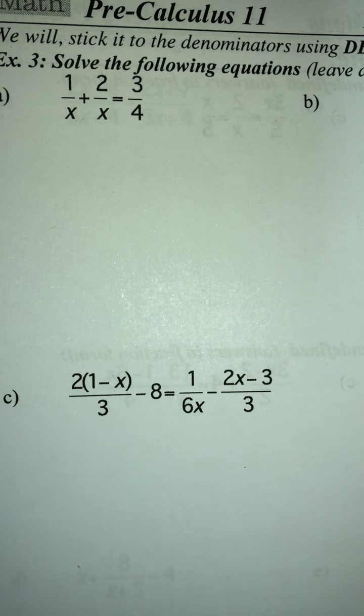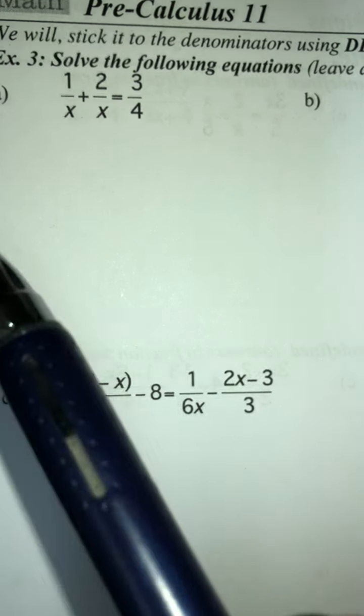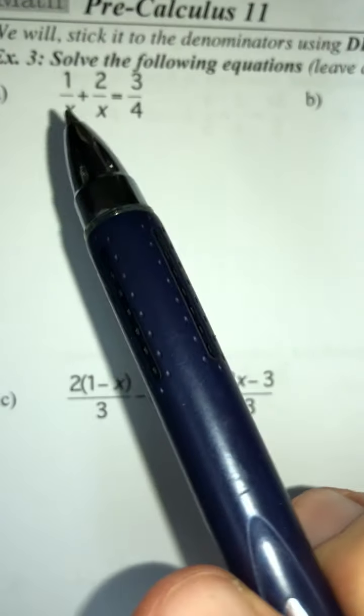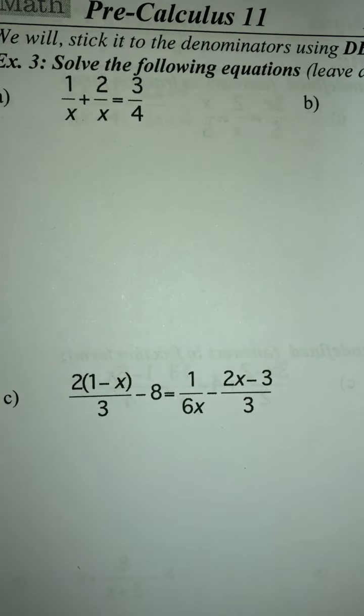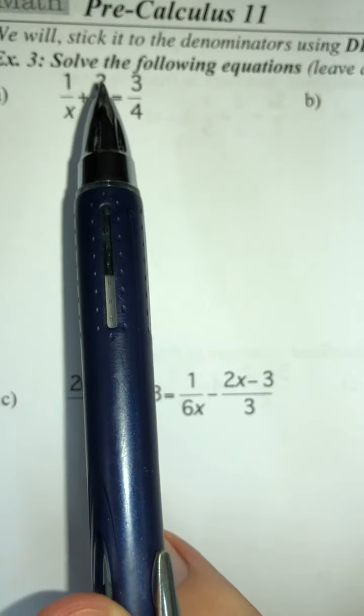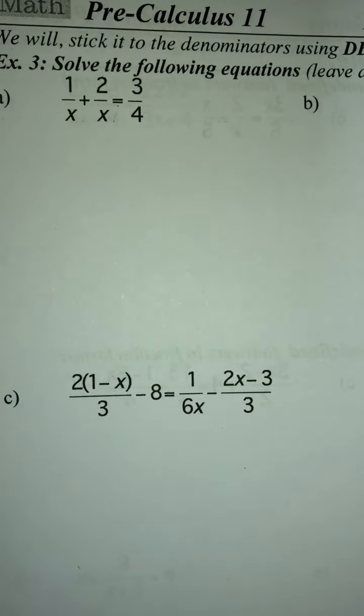The way we're gonna get rid of the denominator is we are going to just multiply both sides of the equation by whatever I can cancel out of the bottom. Now, notice with this, I can only cancel out the denominator if I have an equal sign.